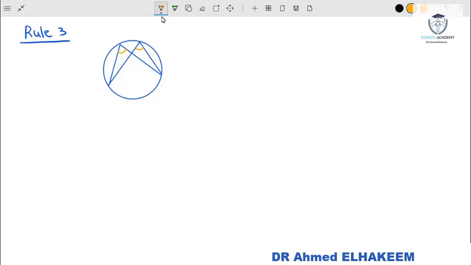But you can easily see that these angles are sharing the same arc, right? So I can easily say that they are sharing the same arc.